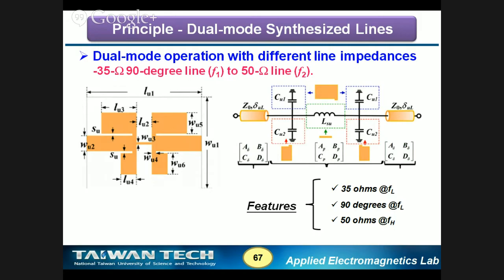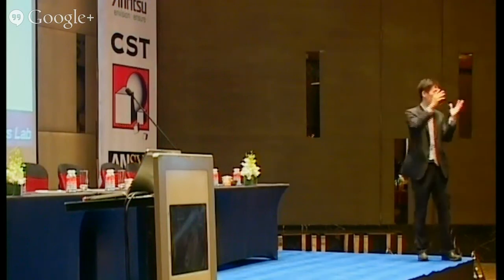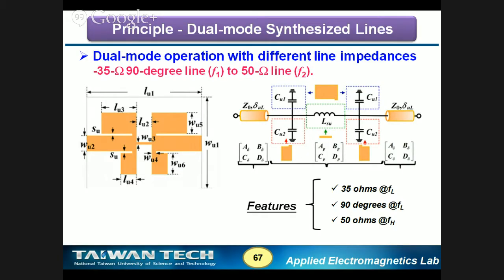The second unknown is the capacitance: they are separated into two capacitors only for layout purposes, but they are the same and can be added in parallel. The third unknown is the electrical length of the connecting line, meaning the electrical length from here to here.